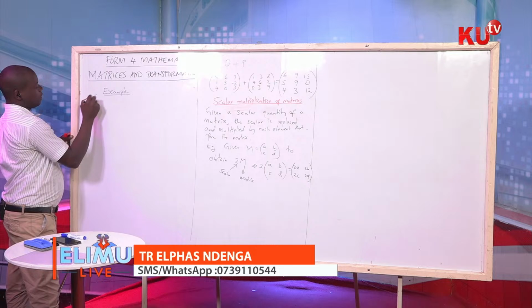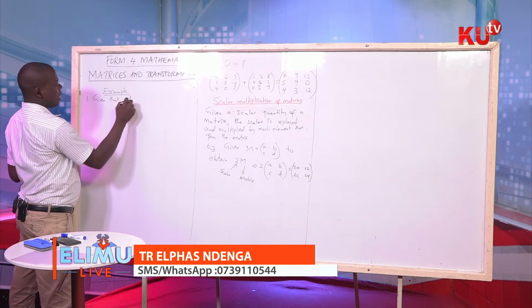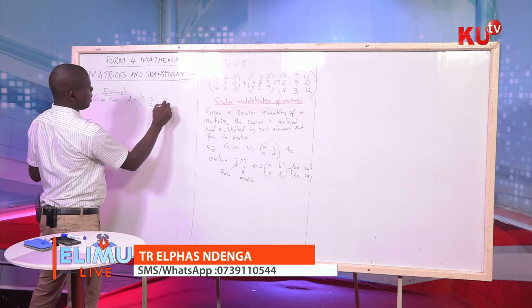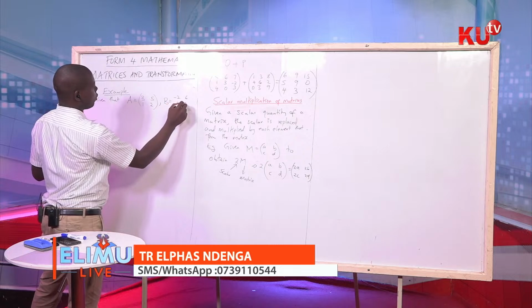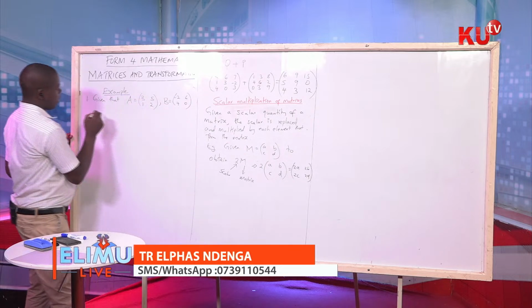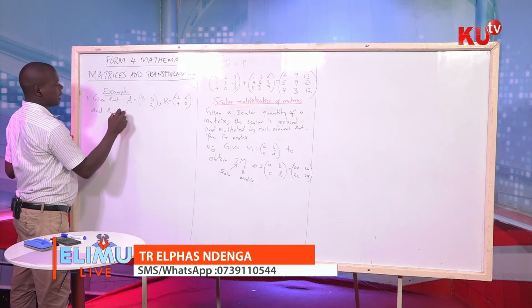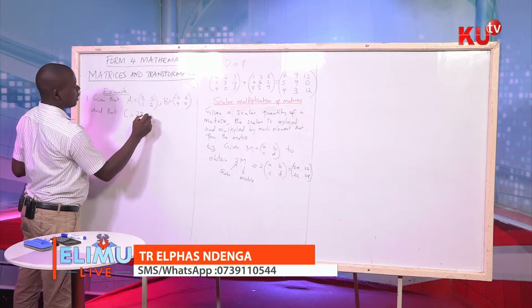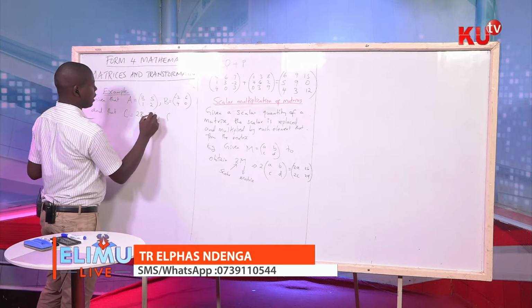Number 1, students. Given that A is the matrix 3, 5, 1, 2, and B is the matrix -2, 6, 4, 0, and that matrix C is 2B minus 3A.